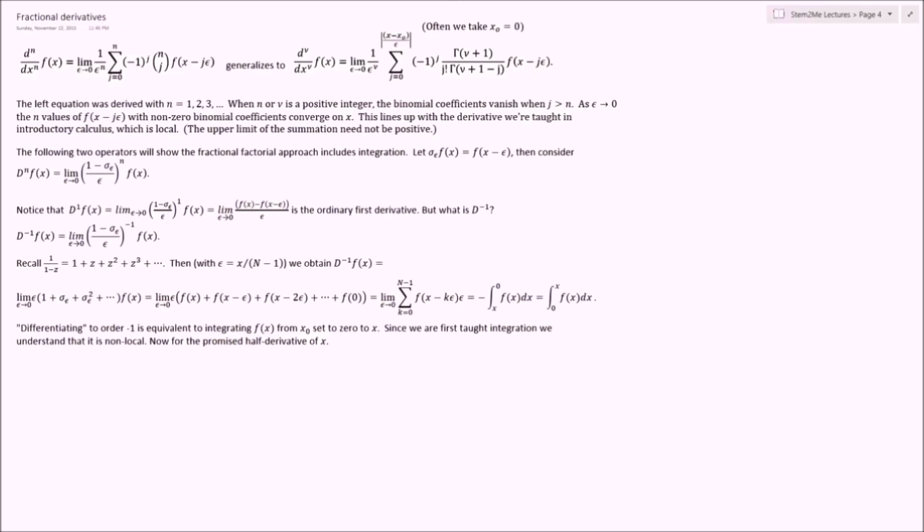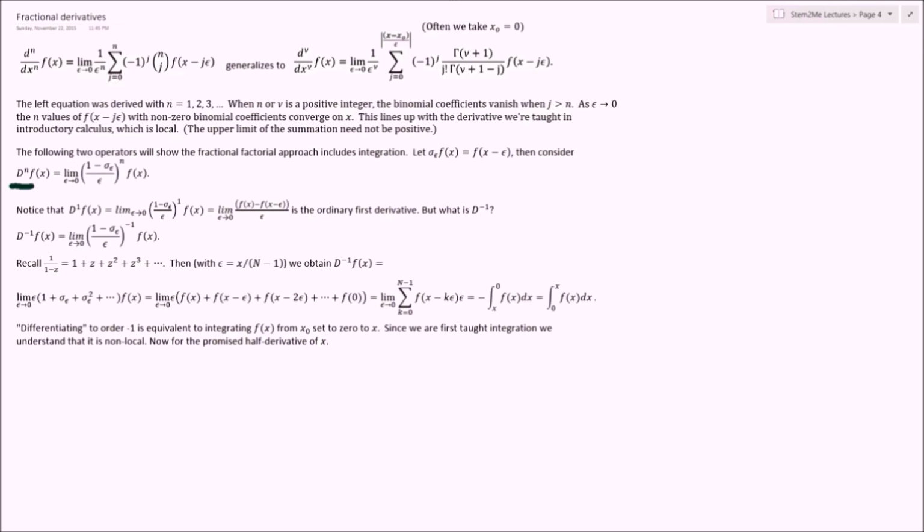I'm going to define two operators that will show us the connection between the fractional calculus and the integral calculus. I'm going to let this operator, sigma sub epsilon, acting on f of x, be f of x minus epsilon.